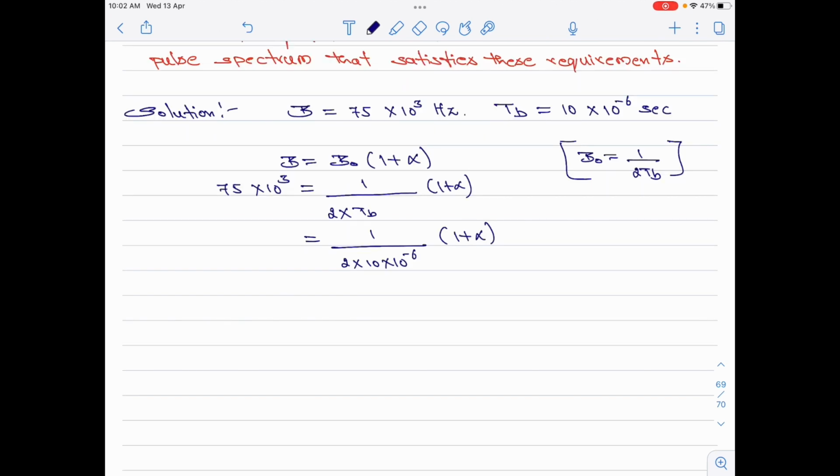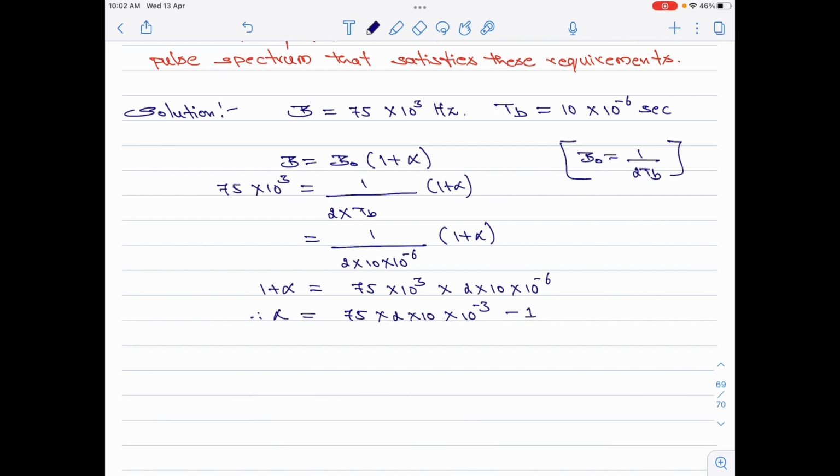I will rewrite this equation for alpha now. So, 1 plus alpha is equal to 75 into 10 power 3 multiplied by 2 into 10 into 10 power of minus 6. So, alpha is equal to 75 into 2 into 10 multiplied by 10 power of minus 3, minus 1.